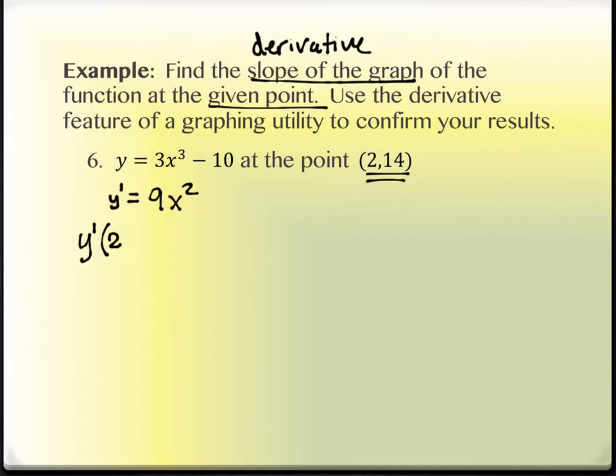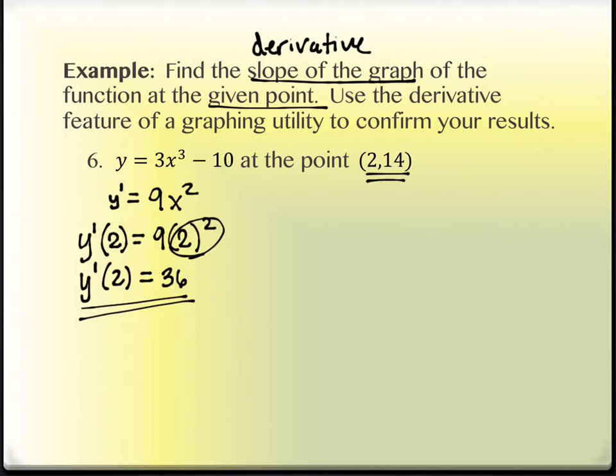It's at x equal to 2, kind of like function notation. I'm going to put a 2 in for x. I'm not multiplying y prime by 2. I'm just evaluating it. As you remember, exponents before multiplication, so we will do the 2 squared first, which will give me 4 times my 9 is 36. So this is the slope at x equal to 2.